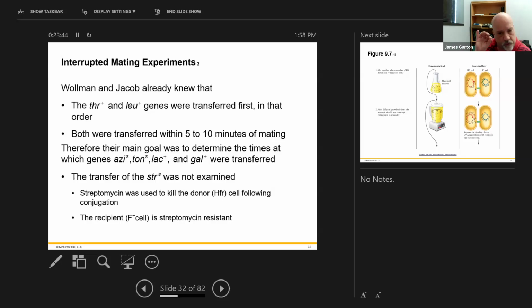And so the goal was to figure out the order in which azide, T1 susceptibility, lactose, and galactose positivity were transferred. Streptomycin was not examined. It was used to kill all the bacteria after the experiment.